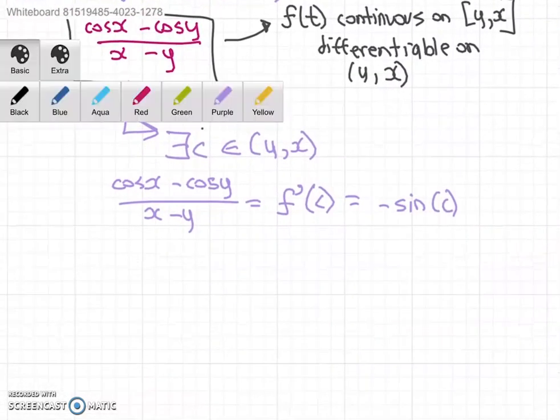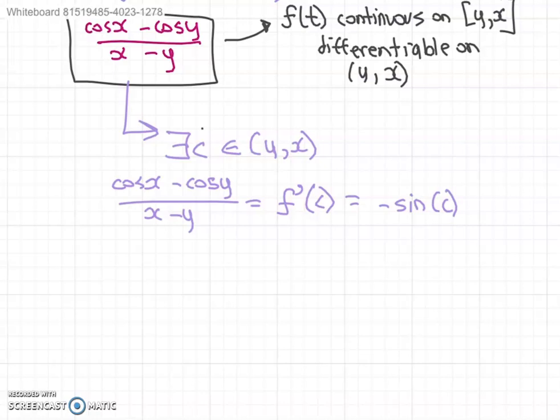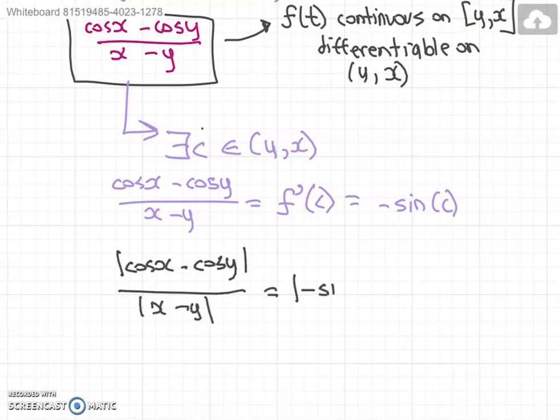Okay, now we'll take the absolute value of both sides, so we get the absolute value of the numerator divided by the absolute value of the denominator is equal to the absolute value of negative sine of c. And since sine of c is between negative 1 and 1, the absolute value of negative sine c will be at most 1.